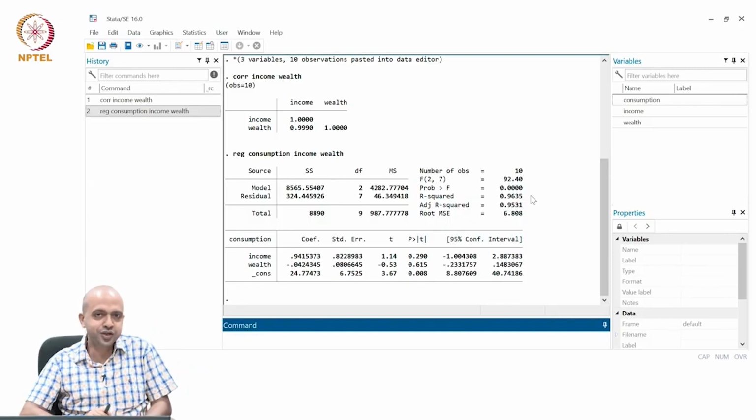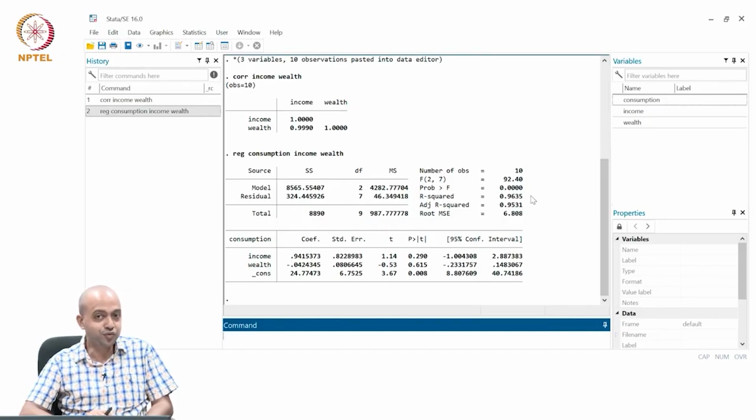Here both the variables are insignificant by their individual t statistic, but the model is significant overall. So, that means the F statistic should only be applied in this context to see whether the model is significant or not.